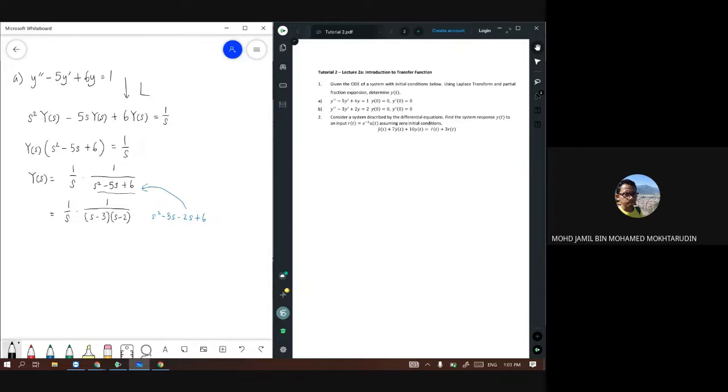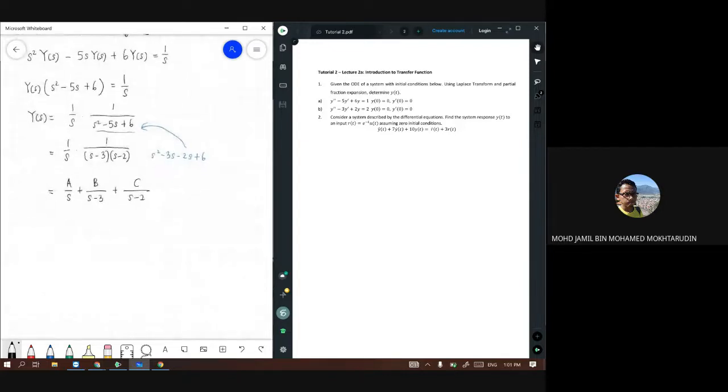Then you can split the fraction into three partial fractions. Okay, so you get A over s plus B over s minus 3 plus C over s minus 2. Then you can use the method in lecture, or another method is simplify the fraction, the new fraction here, into one single fraction.